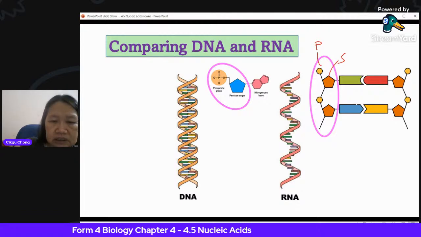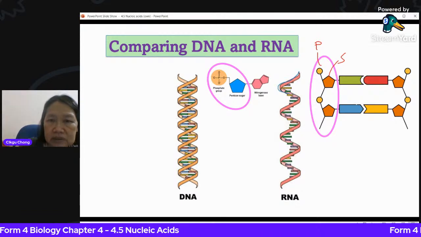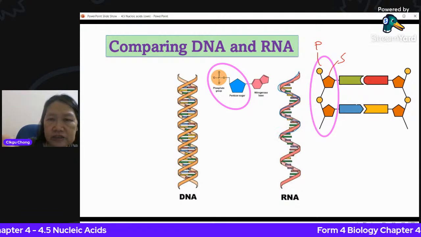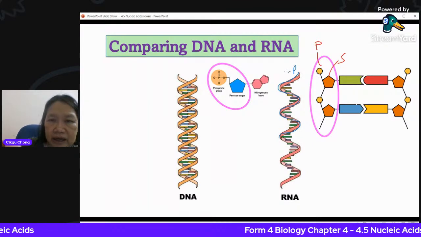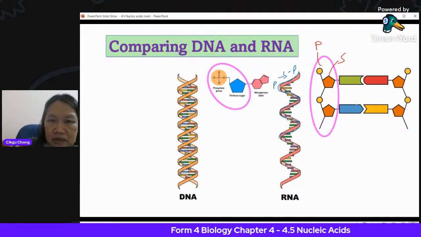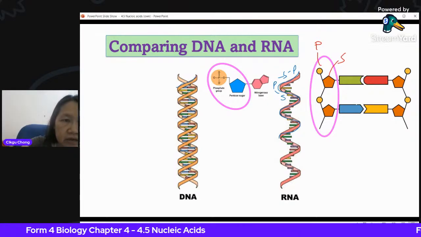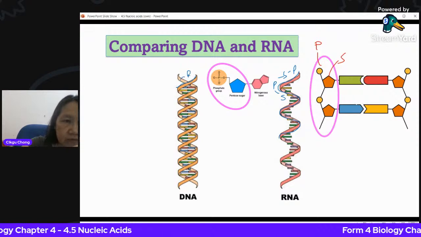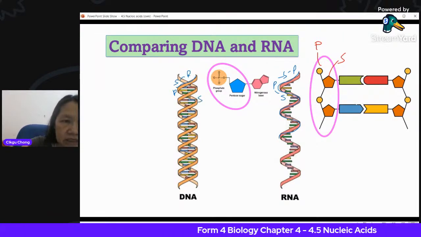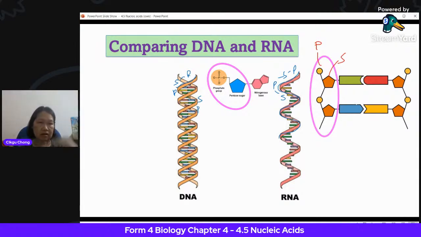It forms this part. This is your backbone. You see the ribbon here? That is your P and your S, continuously. And same for here. This is also P, then the S, then the P and the S, continuously all the way.